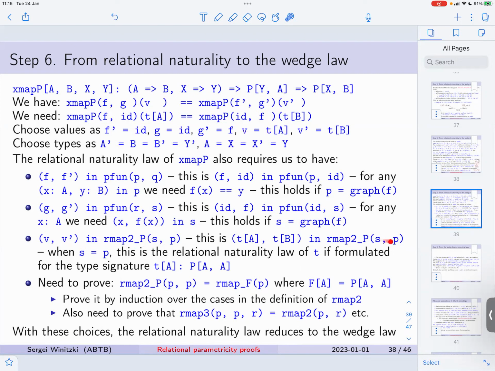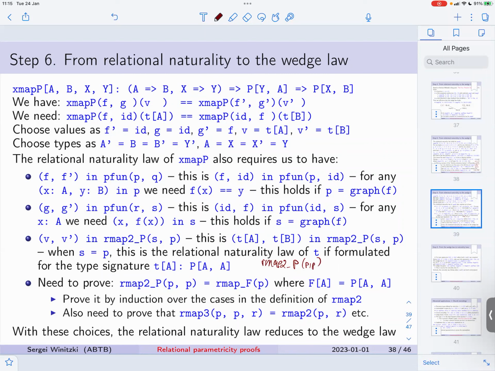So TA and TB are in this. Now S is equal to P. We already chose S and P, so we have no more freedom. Now we have a double lifting, essentially R map to a P of P and P, or S and S. S and P are the same.